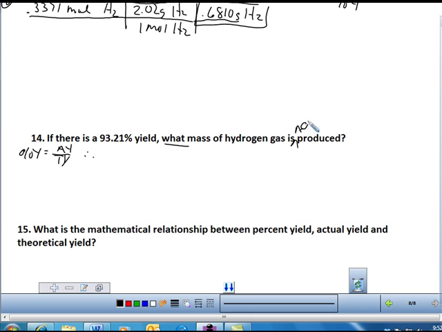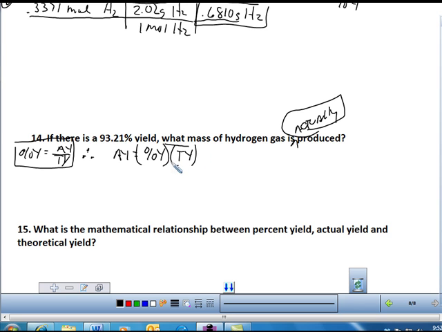What is actually produced? This is your actual yield. Okay? So the actual yield equals what, according to this equation? That's right. Equals the percent yield multiplied by theoretical yield.